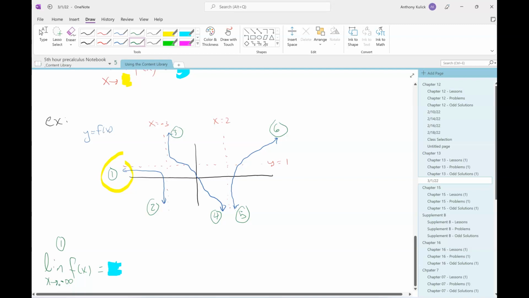Now, what y-coordinate is that arrow approaching as it's moving to the left? Well, it's not going up forever like this. It's stuck underneath the horizontal asymptote, right?